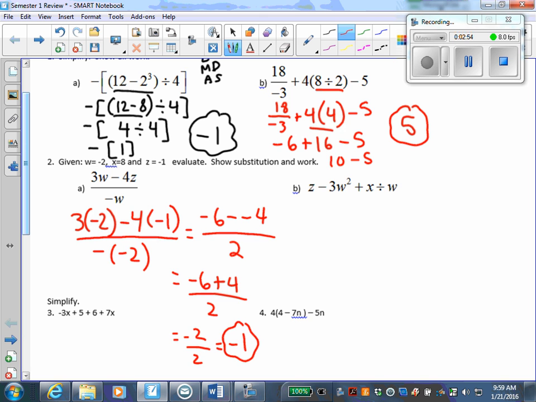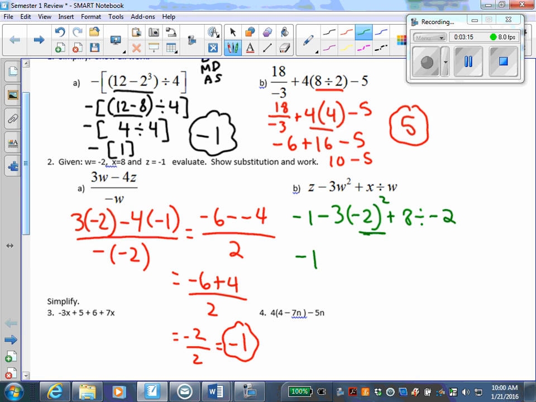Final simplified answer. For part B, z is negative 1 minus 3 times w's negative 2 squared plus x is 8 divided by w is negative 2. Okay, I think I wrote that right. So I'm going to square first.